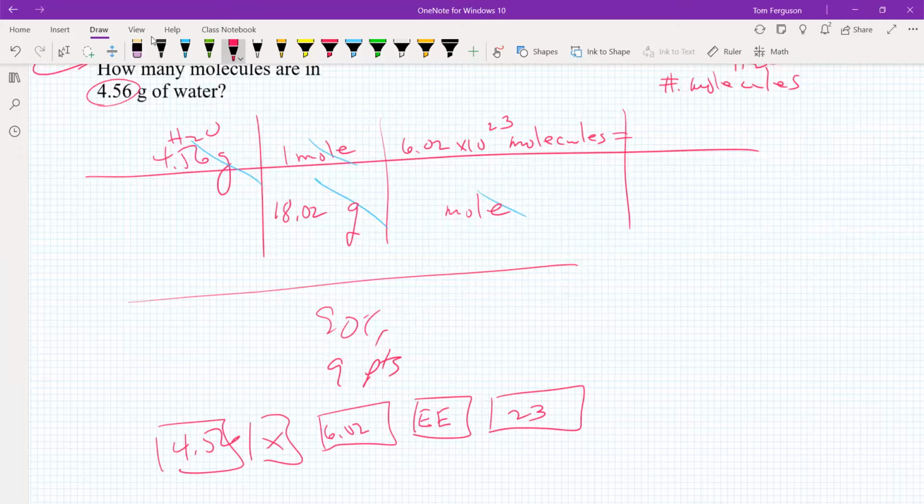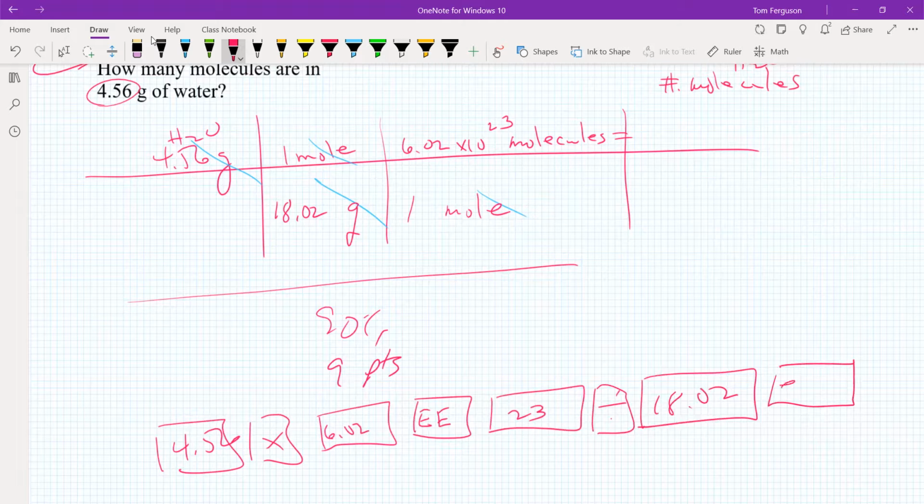Now anything on the bottom we have to use the divide key. That means you're going to have to divide by 18.02. Enter. The ones we don't have to worry about. Now, if we had two things on the bottom that were not one, we'd have to use the divide key for each item on the bottom. I'm going to get to those in a minute here.